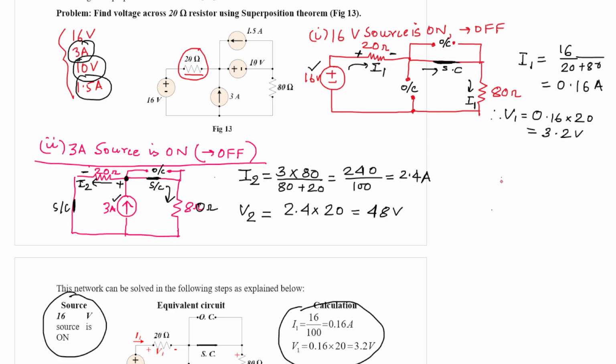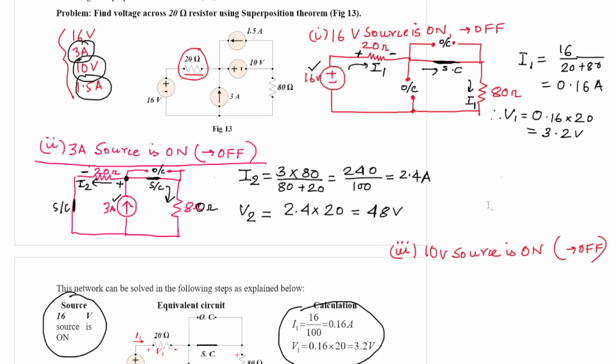So now we will say our third condition: 10 volt source is on, others are off, right?